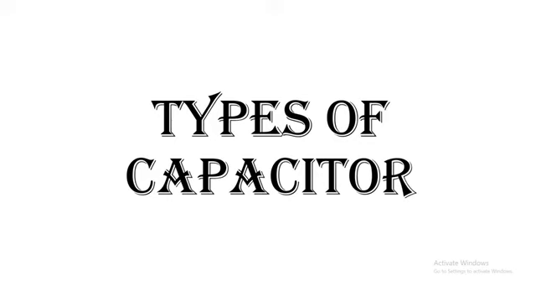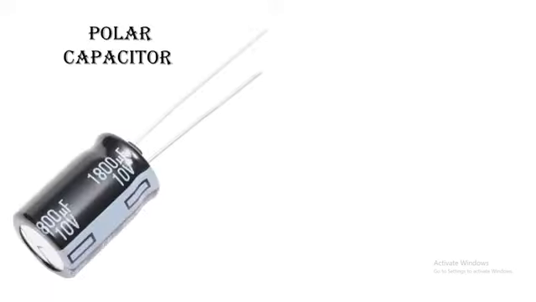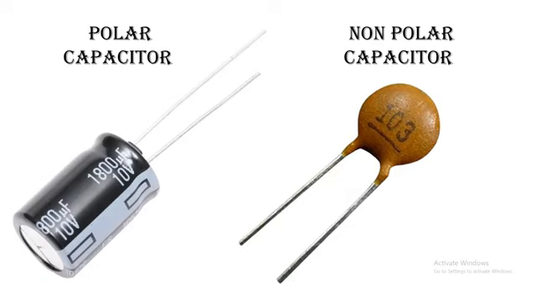Types of capacitor. There are mainly two types of capacitor: polar capacitor and non-polar capacitor. Polar capacitors are those which have polarity, meaning a positive and a negative side, while non-polar capacitors are those which do not have polarity, meaning positive and negative sides.